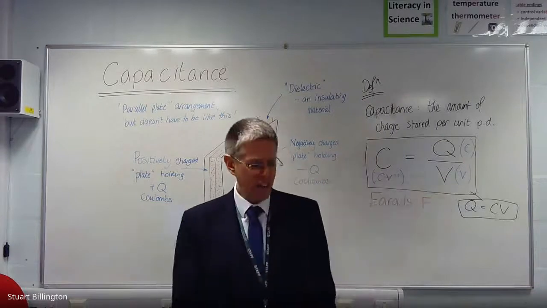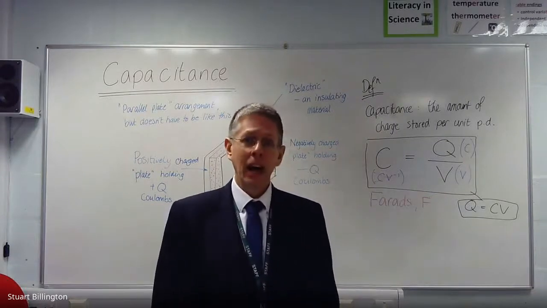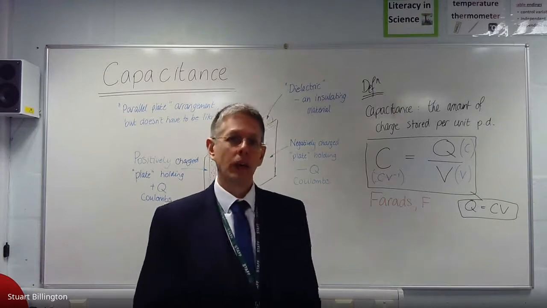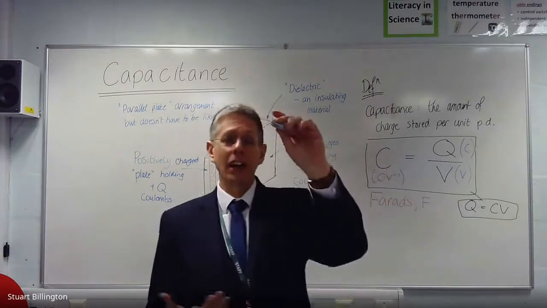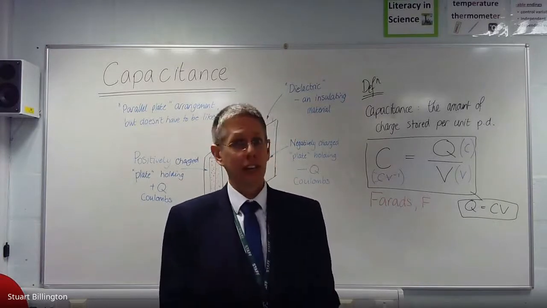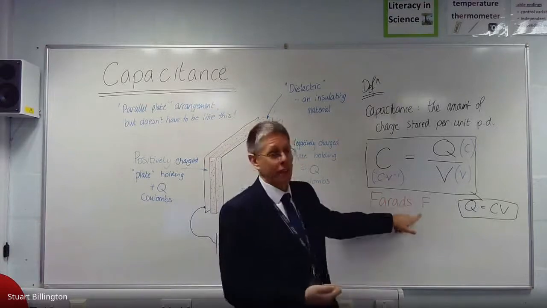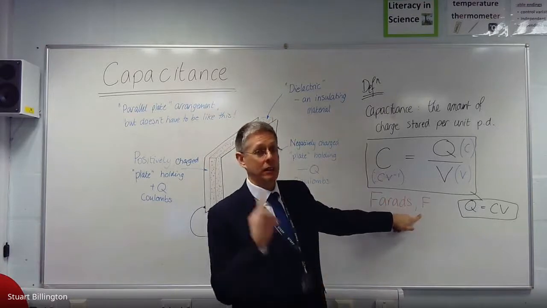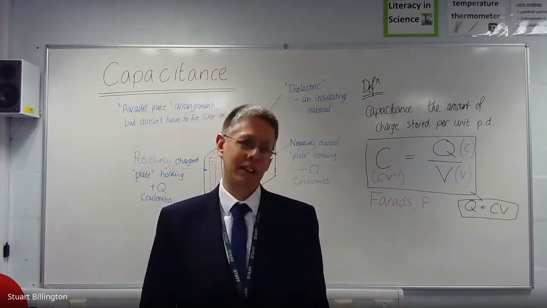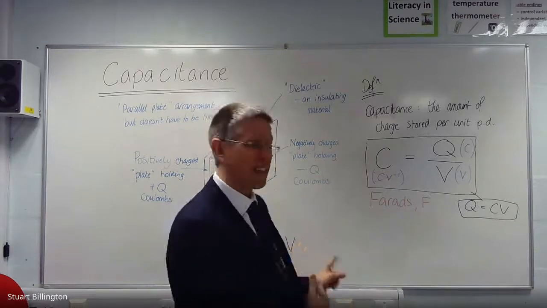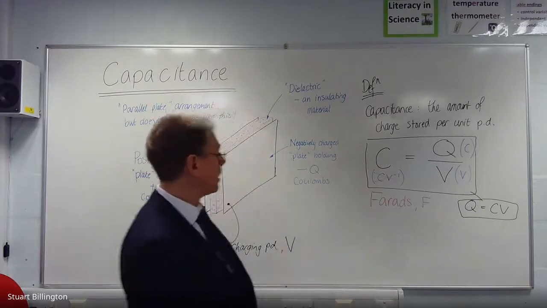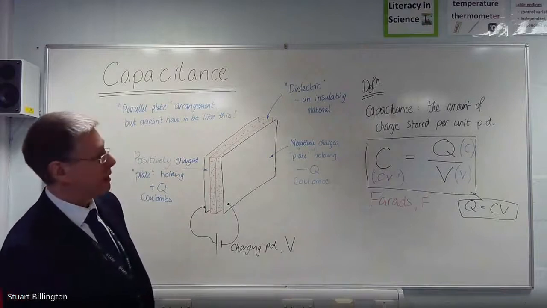Capacitors that can do that are generally the size of pedal bins. So you are never going to meet a capacitor that has a capacitance of 1 farad. They're always microfarads, millifarads at best. So yeah, the farad is a stupidly big unit to go with the stupidly big coulomb.